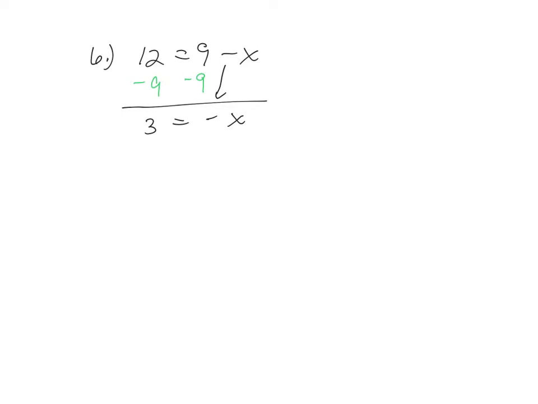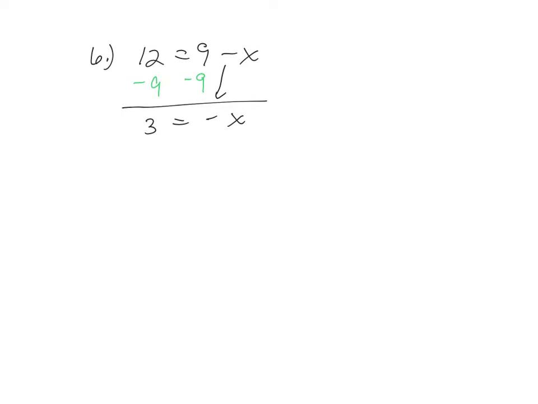So number 6, this has a tricky part to it. Most people get the first part right, where they subtract 9. What the mistake is that we forget that there's this negative sign there, and we just put x equals 3.